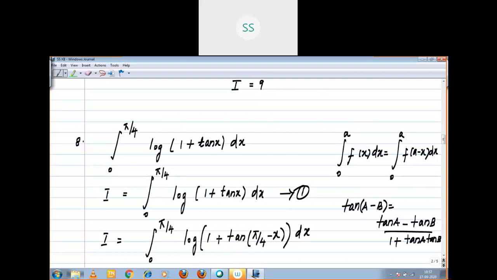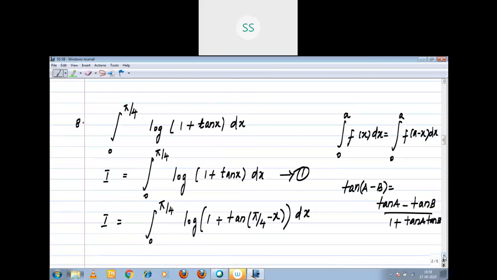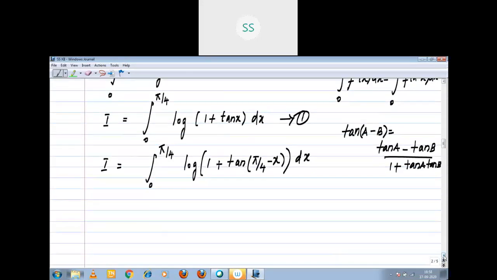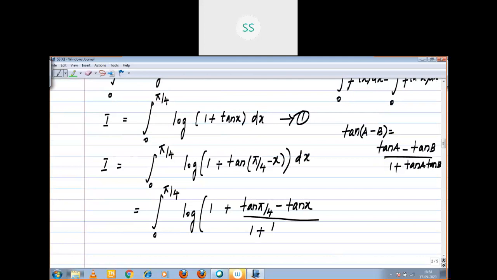Here, tan of what it represents, does anything come to your mind, children? Yeah, the trigonometric identity. Tan A minus B equal to tan A minus tan B divided by 1 plus tan A tan B.